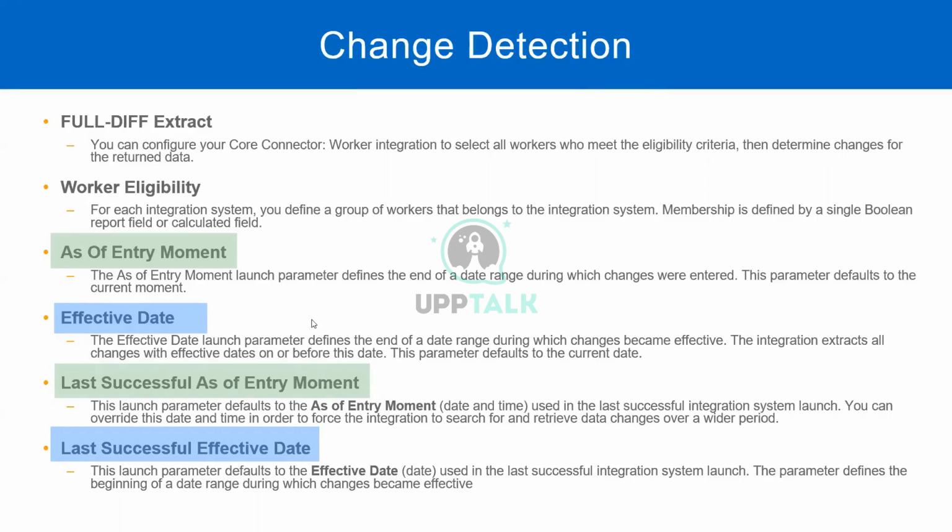So that's why we are going to look at what was the last successful as of entry moment. What was the last time the integration ran? Between that and the current as of entry moment, what are the changes that have been made that are effective between the last successful effective date and the effective date?